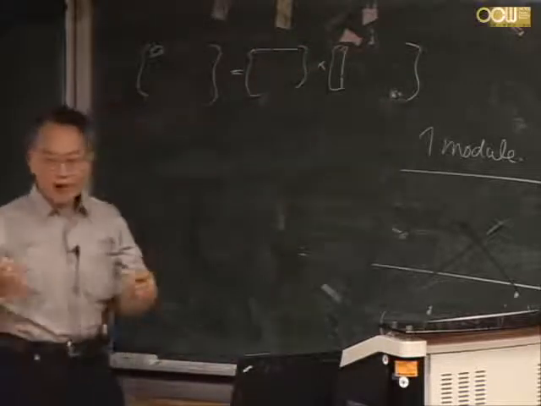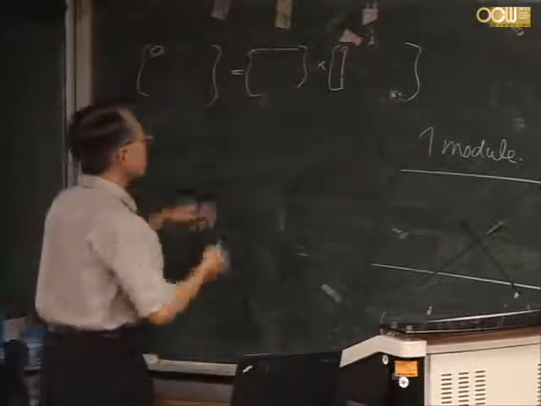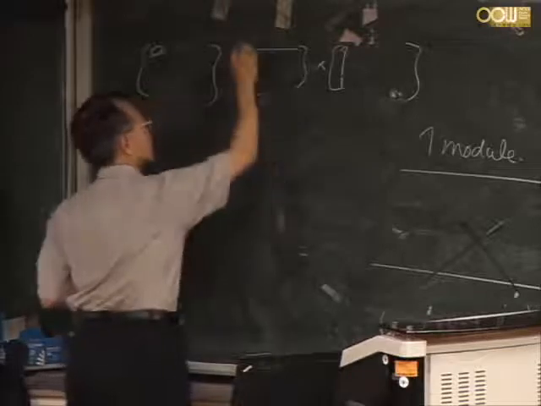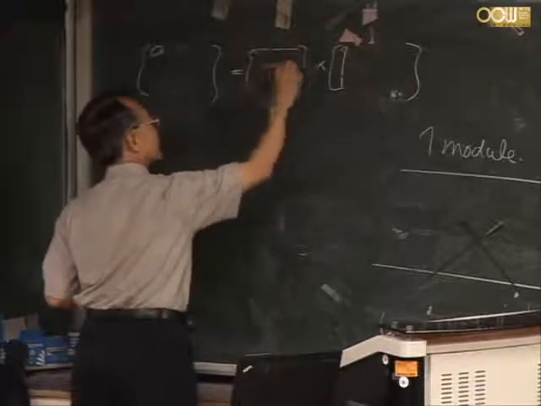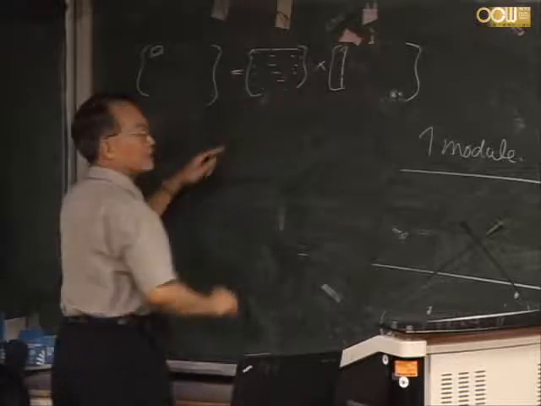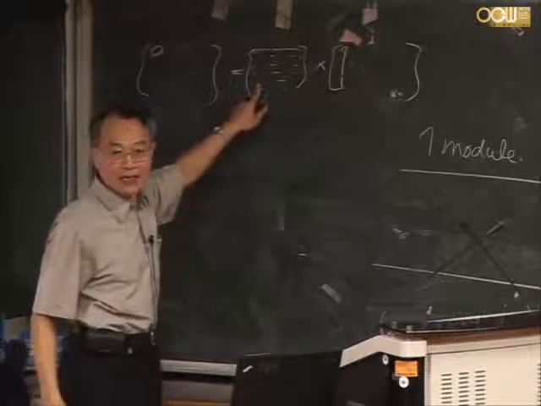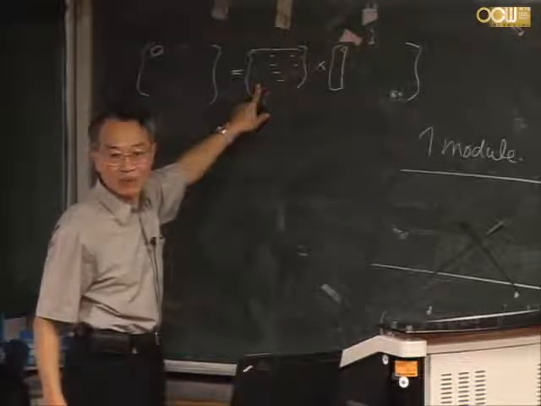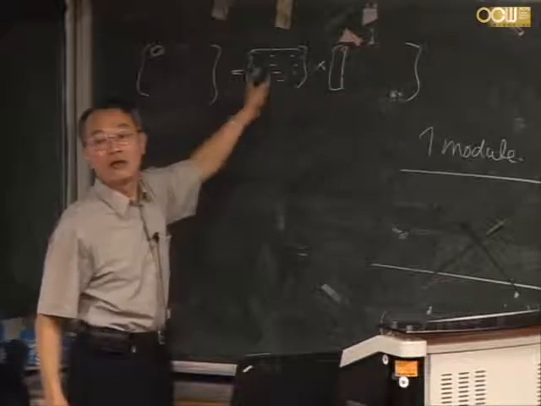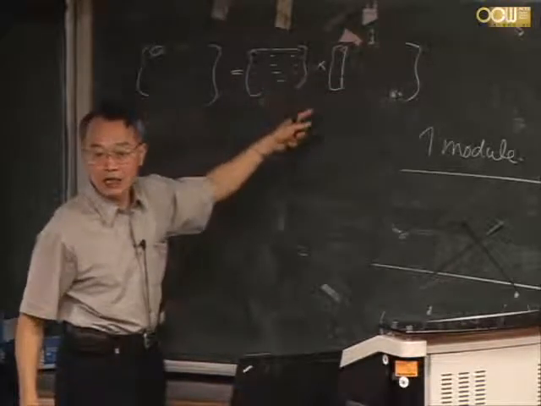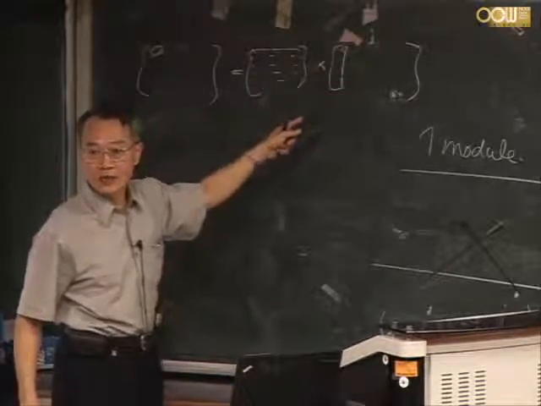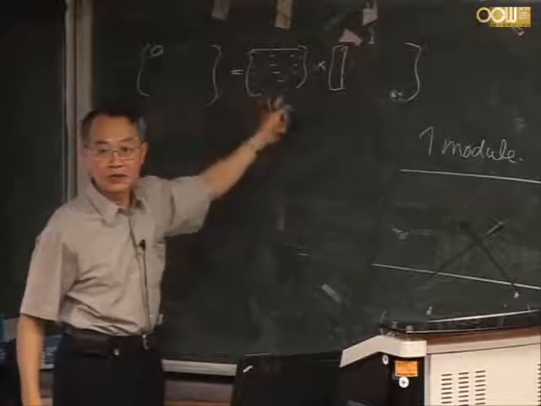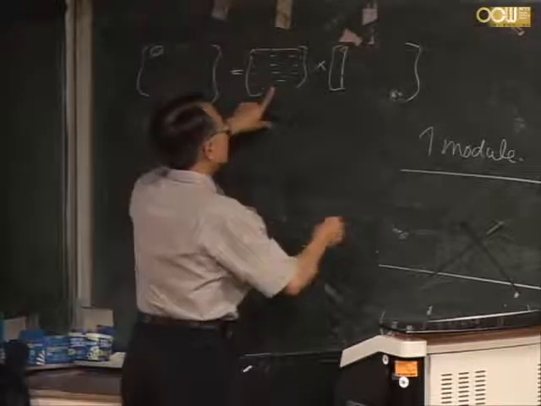So if in memory your matrix is stored in this fashion, consecutively in memory, then we call this pattern of storage in memory row major, okay? C language uses the row major style.